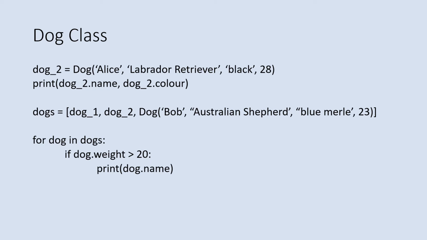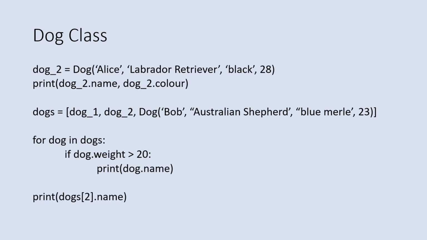And then on the third dog, it again weighs more than 20 kilograms, so it would print Bob in that case because that is that dog's name. So we're able to access data about different instances of the class by using this dot notation to access the attribute.